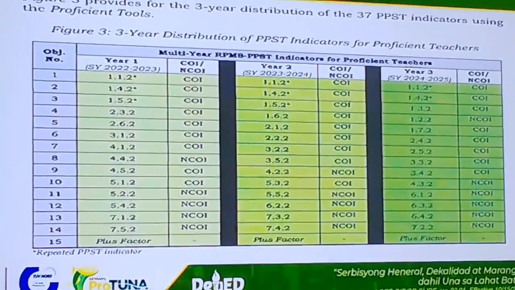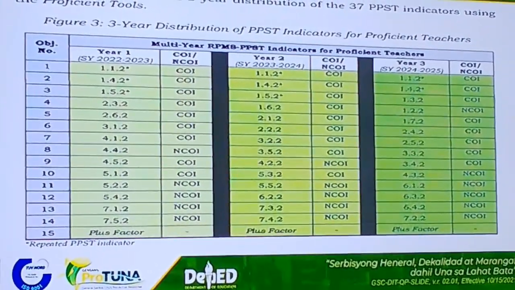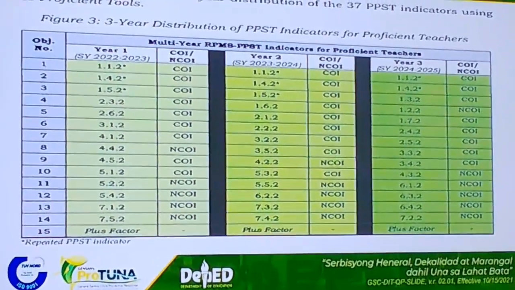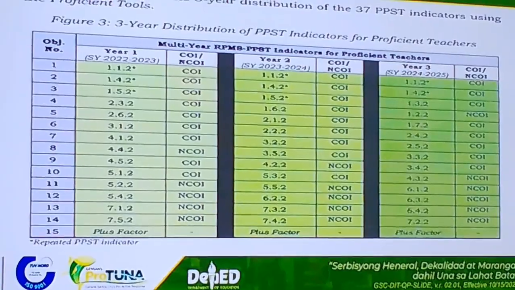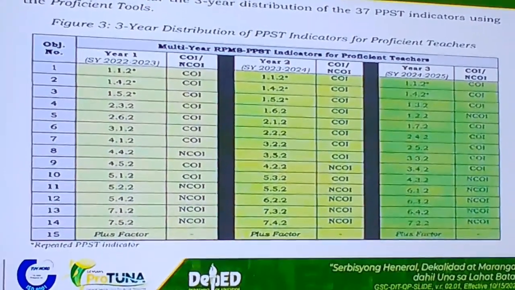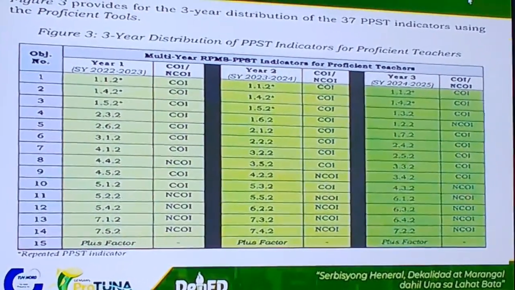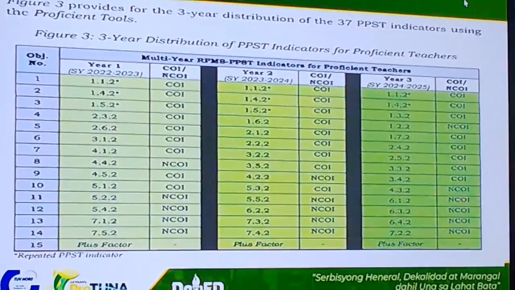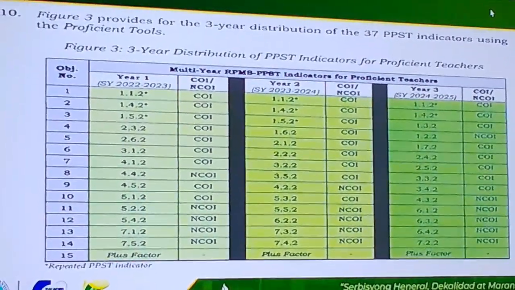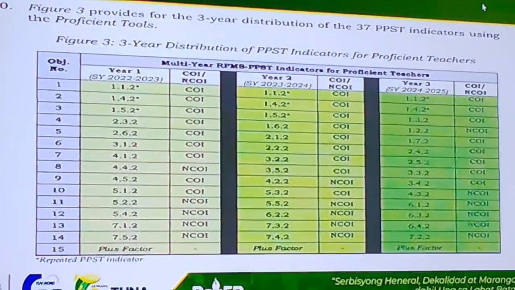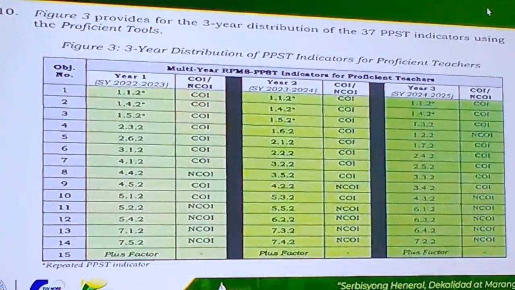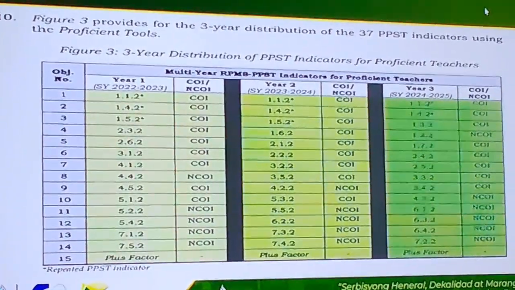These are the only indicators that will be covered for the 3 successive years, covering school year 2022 to 2023 until school year 2024 to 2025. As to indicator 1.5.2 for year 2, hanggang doon lang ang repetition.